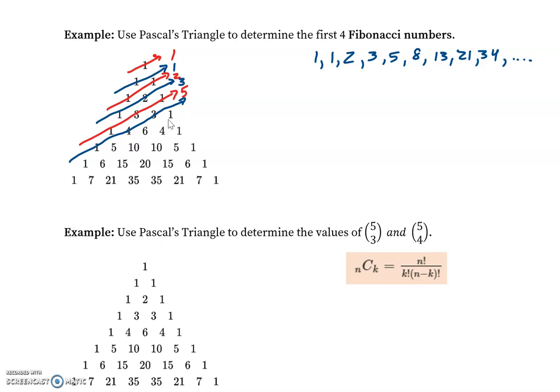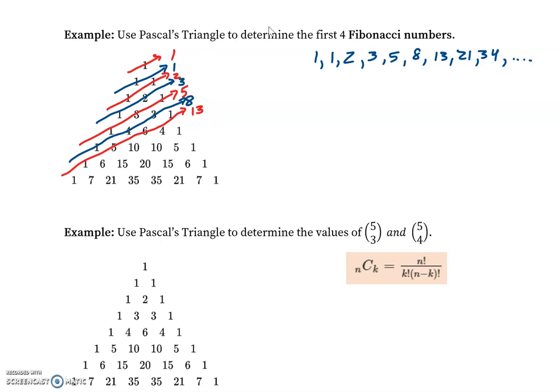It skips 1 here, so we don't pass through a 1 on the far diagonal every time. So 1, 4, and 3, there's our 8. 1, 5, 6, and 1, there's our 13. And sorry, these are a little wavy, but that's kind of the idea.